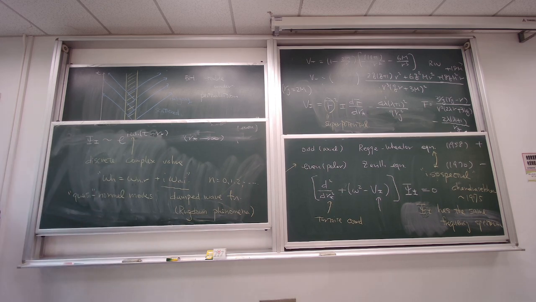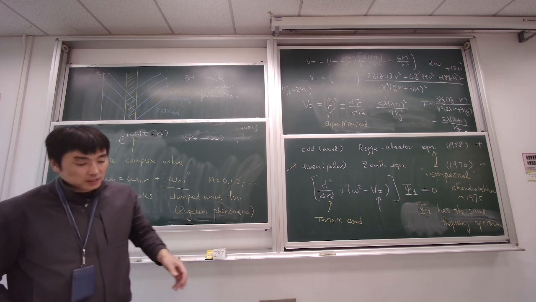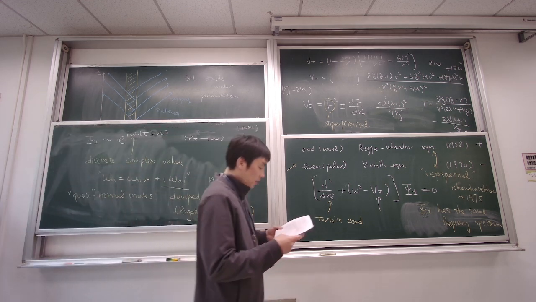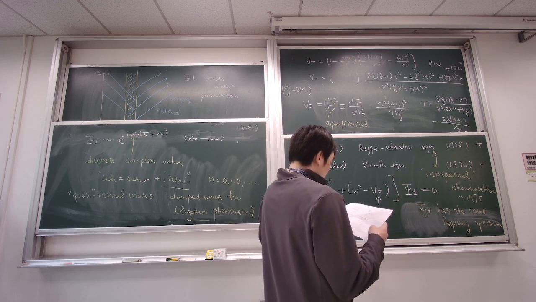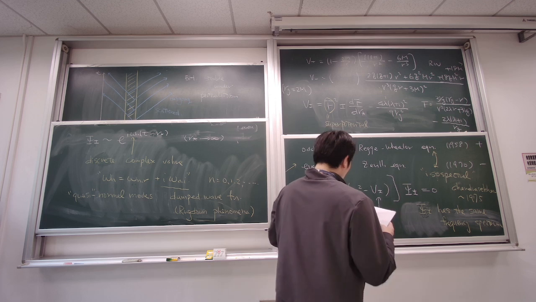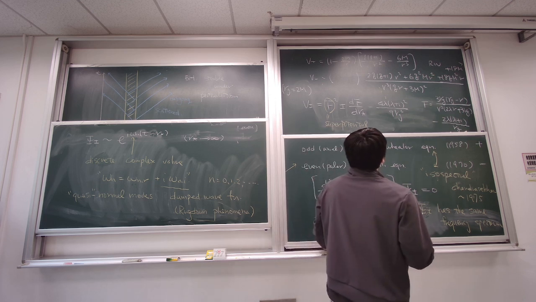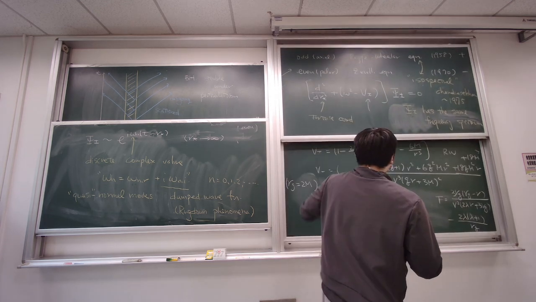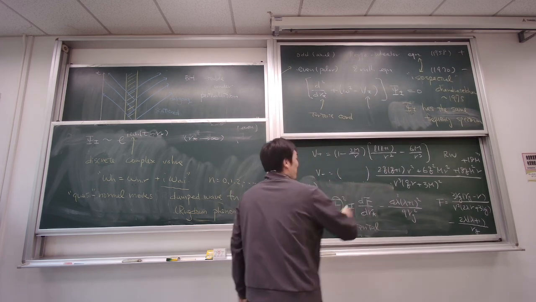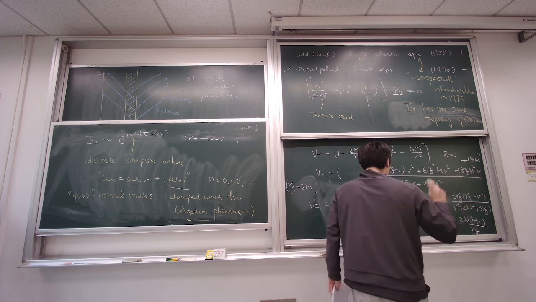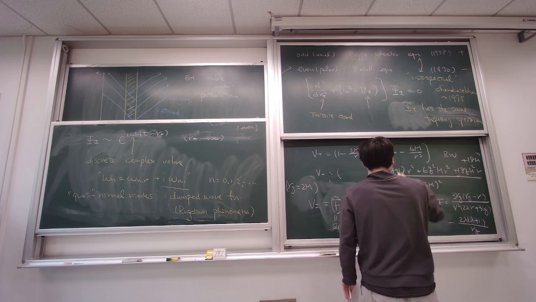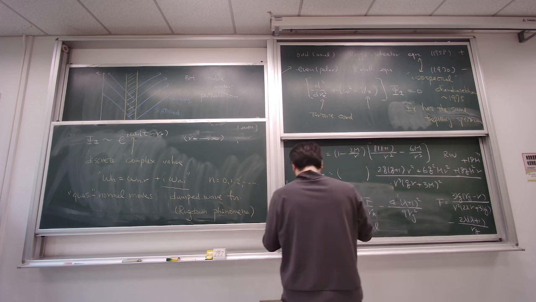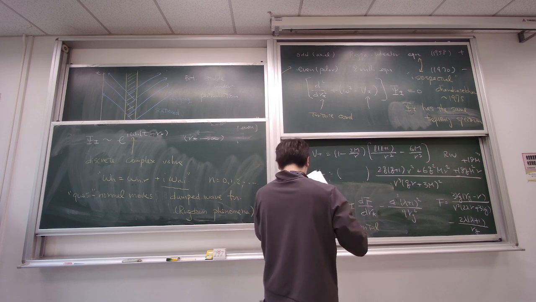What is lambda? Sorry, this should be L. And Q, sorry, good question. So L here, and Q should be a function of L. I think I skipped many details.